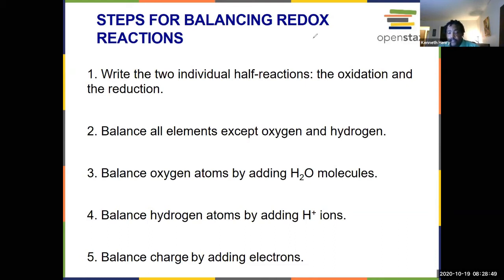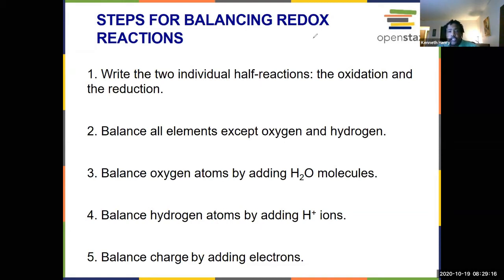After that, balance your oxygen atoms with water. You're going to use water to balance any oxygen atoms. And then balance your hydrogen atoms by using the hydronium ion, H+.